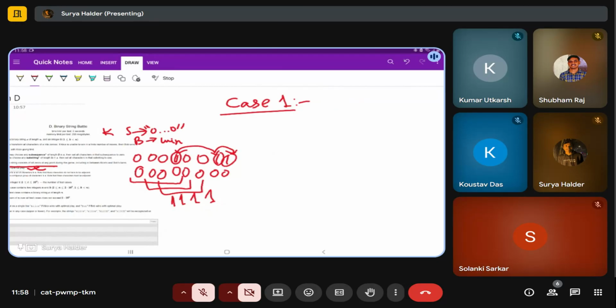Can anyone tell any one case when Alice wins? Is the problem statement clear to everyone? Yes. So, during the contest, did you try to think of any solution?